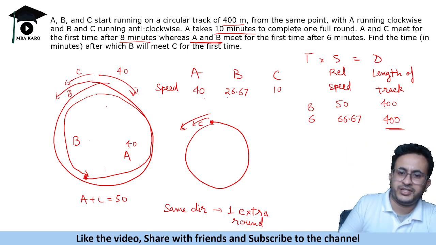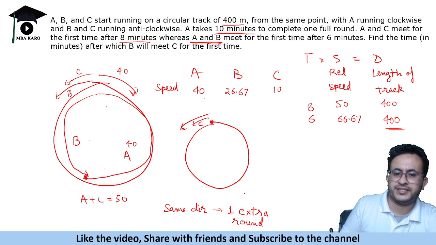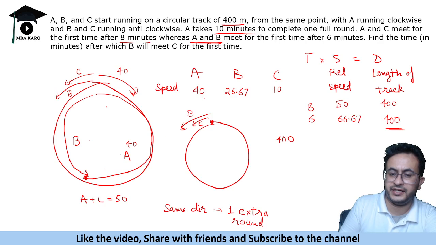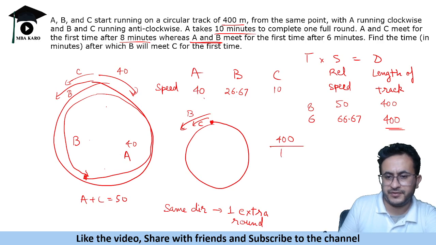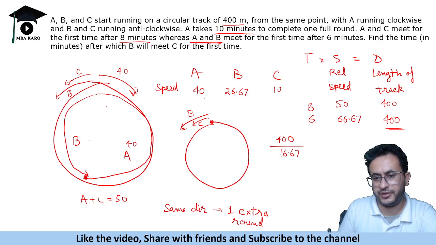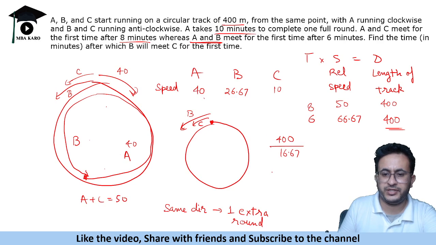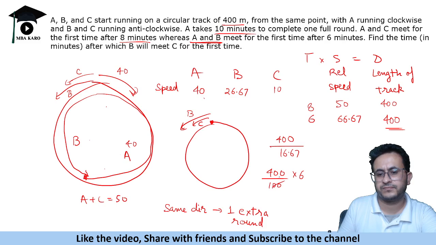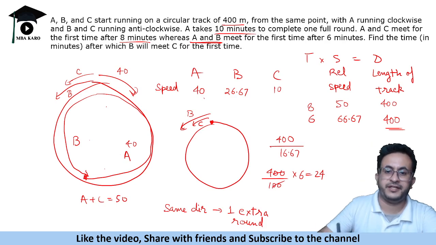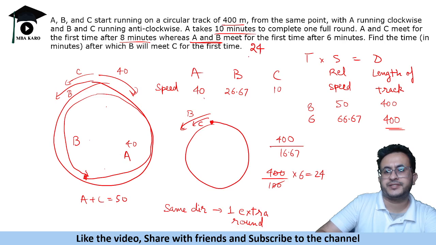And what is that extra speed? Extra distance is 400. What is the extra speed? Because B and C are going in the same direction, the relative speed will be the difference between them. So 400 by 16.67. 16.67 is technically 100 by 6. That is 24. So that means they will meet after 24 seconds.